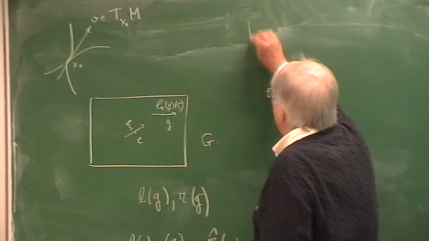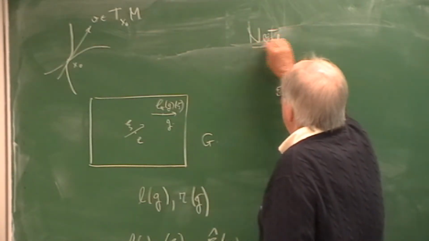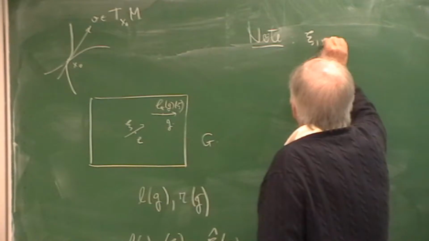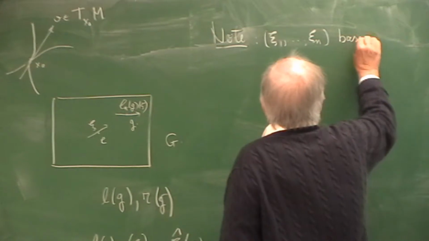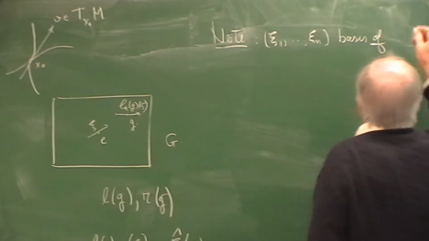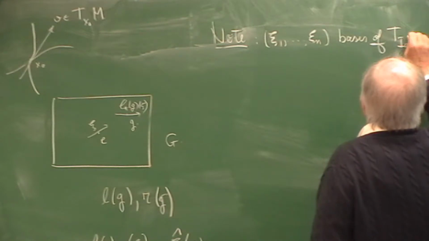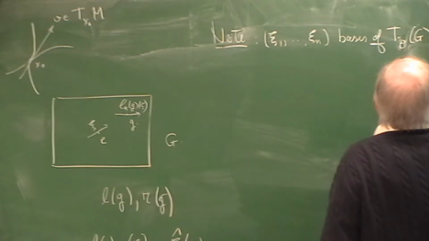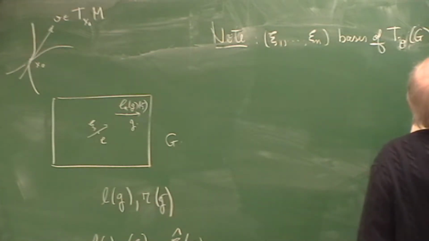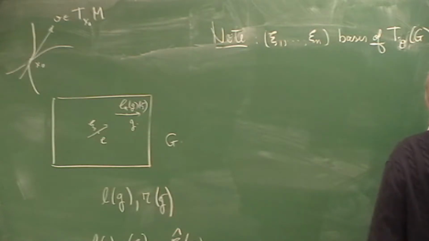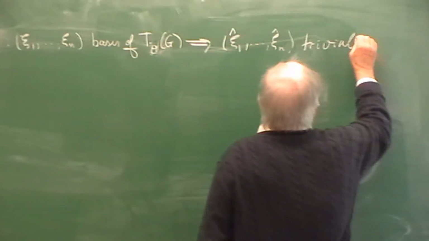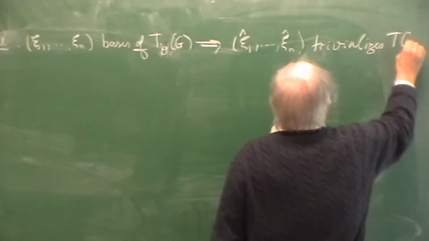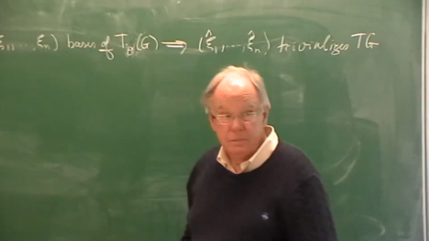And note that if C1 to Cn is a basis of the tangent space at the identity of G, then C1 hat to Cn hat trivializes the tangent bundle.